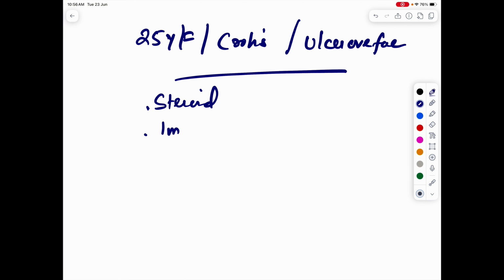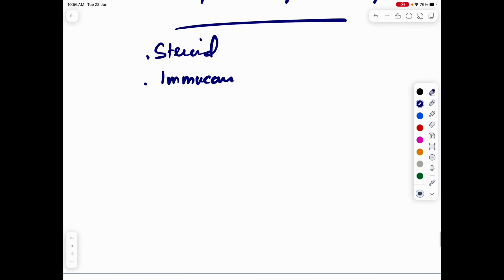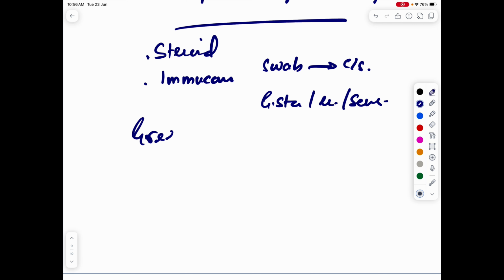So what to do for this? You take the swab and send it for culture and gram staining, microscopy and sensitivity. So if the pus is green, what do you suspect? Greenish colored, actinomyces.